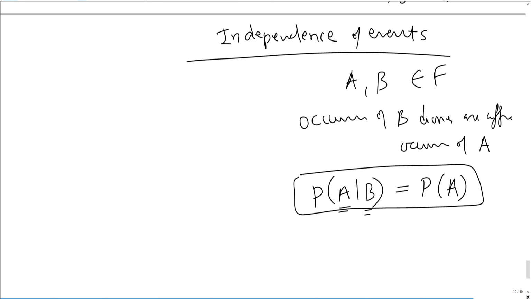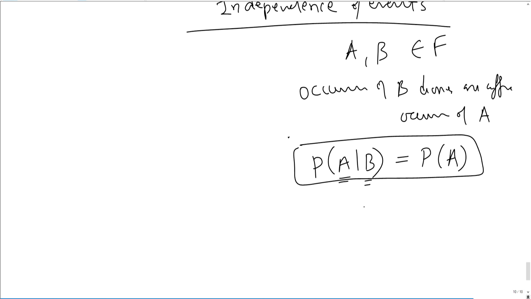This is exactly the condition of independence of events. You can say that two events A and B are independent of each other when probability of A given B is equal to probability of A. In fact, put the other way, if two events A and B are independent of each other, that is, the occurrence of A does not affect the occurrence of B, then this statement will hold: probability of A given B is equal to probability of A. So this statement gives you independence of events.